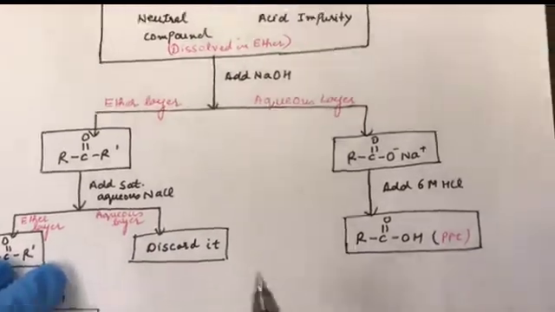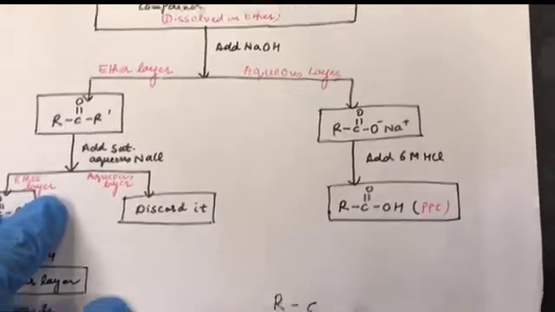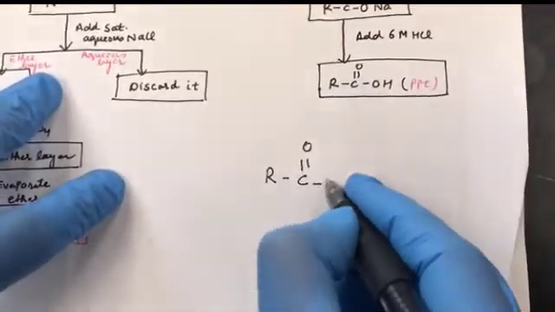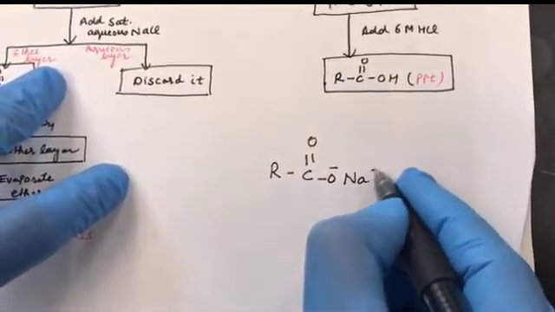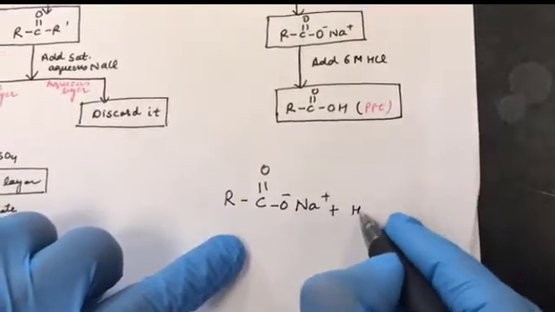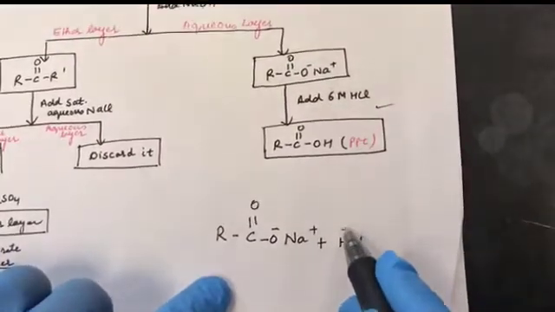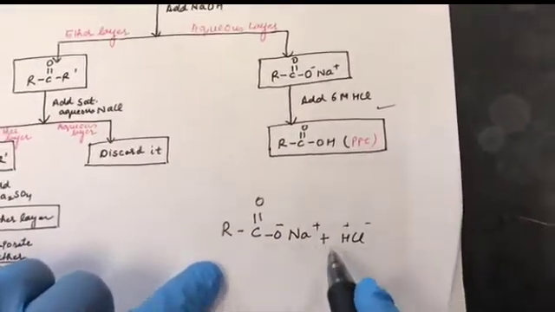So what is happening here? This is the salt, right? Once we add acid to it, this is H plus, Cl negative.